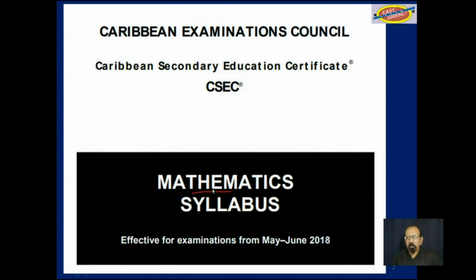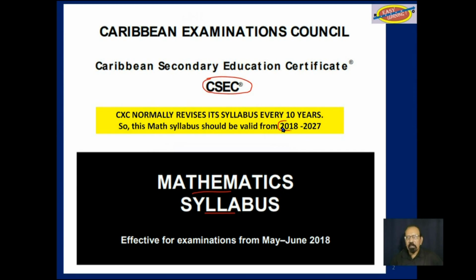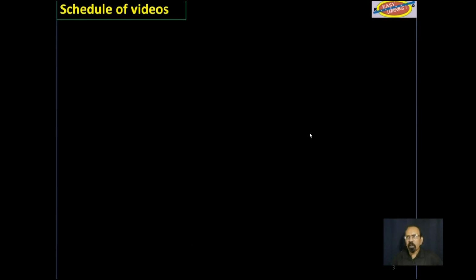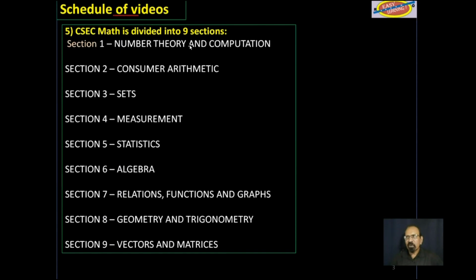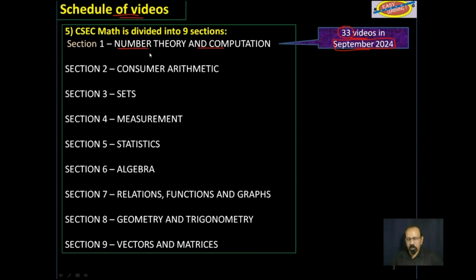We continue with the mathematics syllabus for CSEC 2018 to 2027. Schedule of videos. I had hoped that by September 2024 to have all 33 videos published on number theory and computation, but I am a few videos behind schedule.